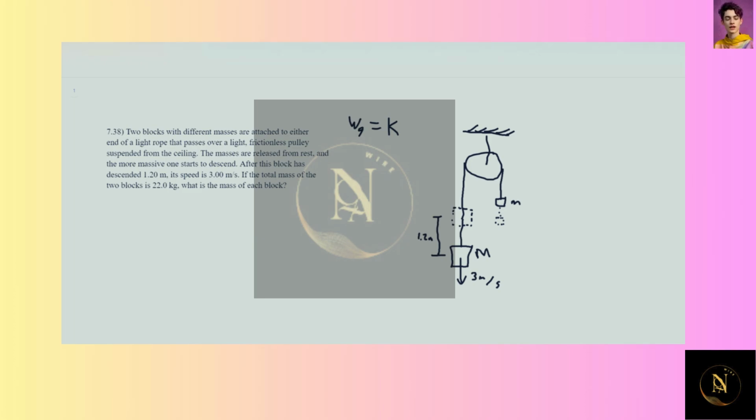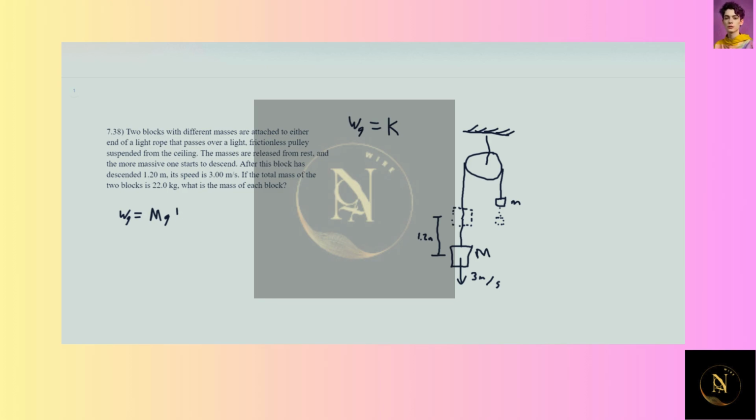Okay, so first off, we're going to find how much work gravity does. So we have work done by gravity is equal to the force times the distance for each of them. So we have the mass of the big one times g, that's the force, and the force is going to be in the same direction as the displacement.